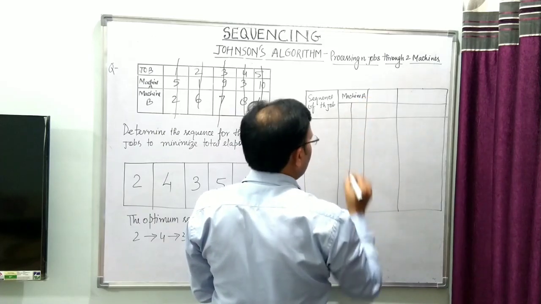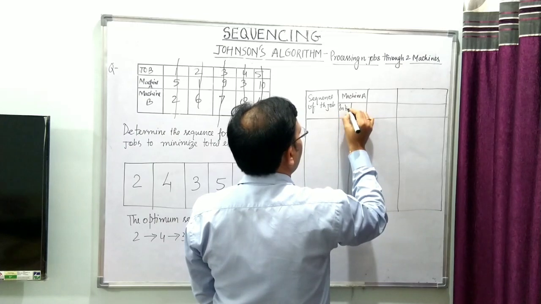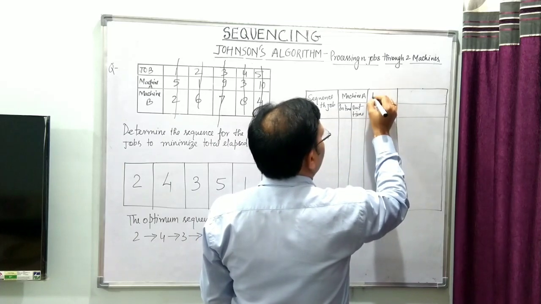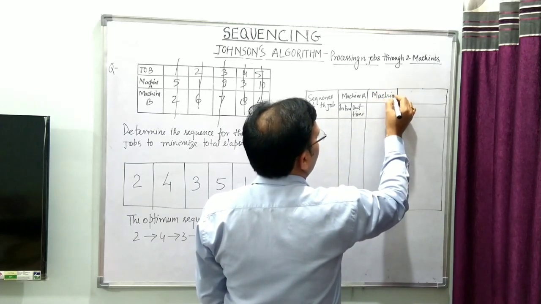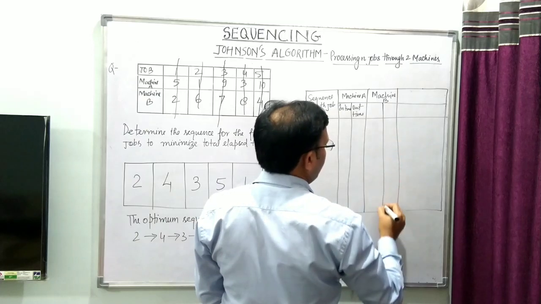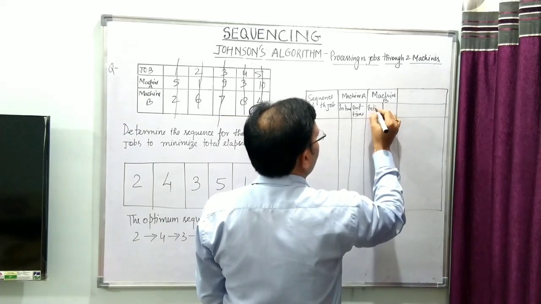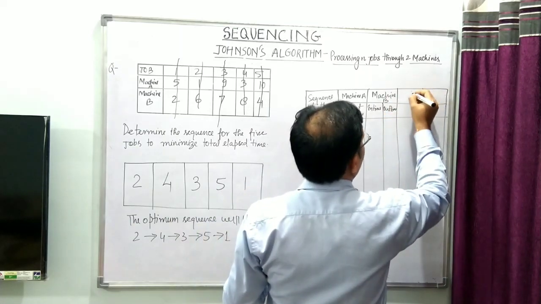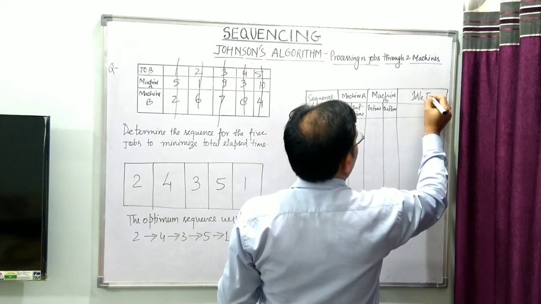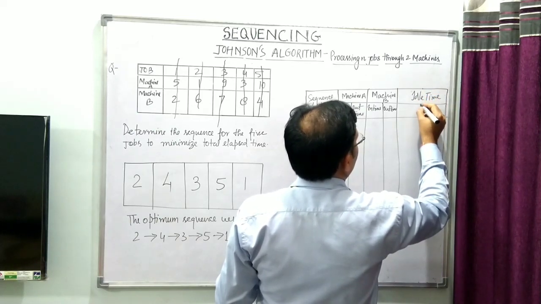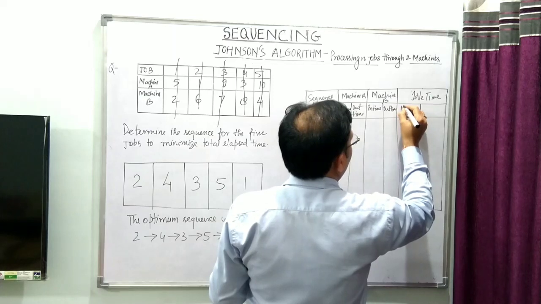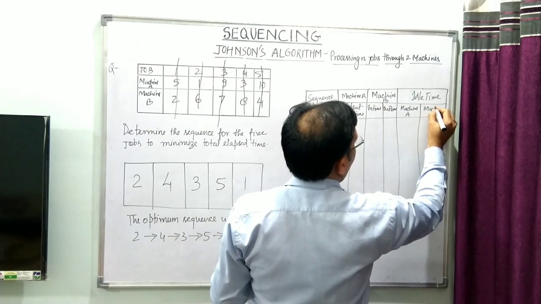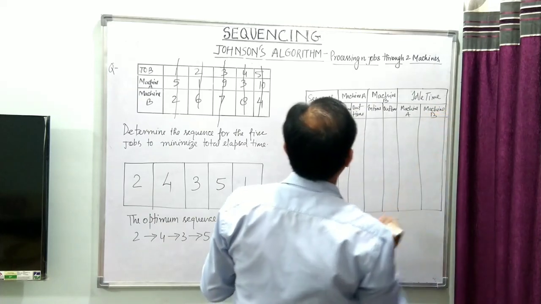Further you are going to make in time and this will be out time, right? And the same for machine B, there will be in time and there will be out time, right? And there, this is the idle time for machine A and machine B, right?